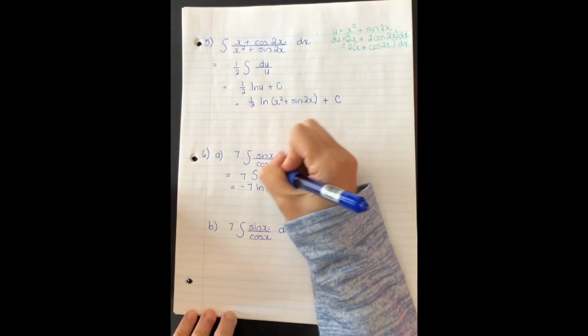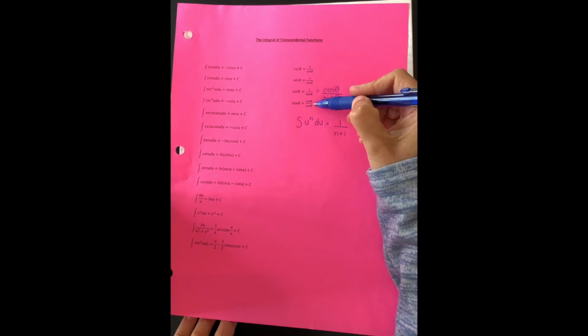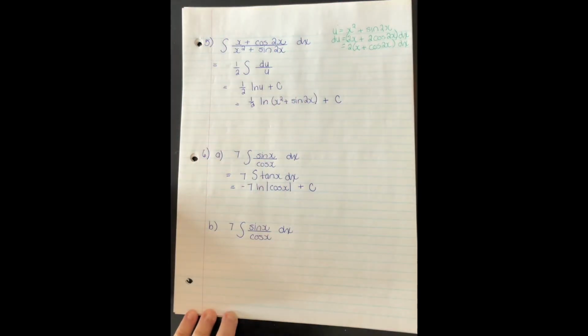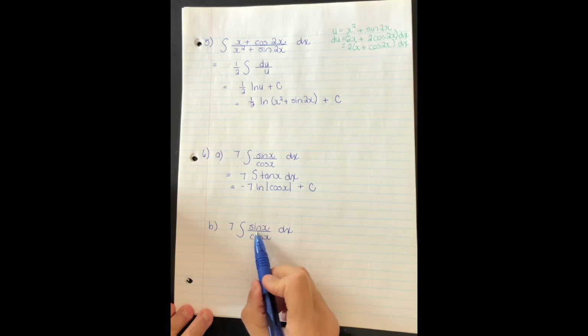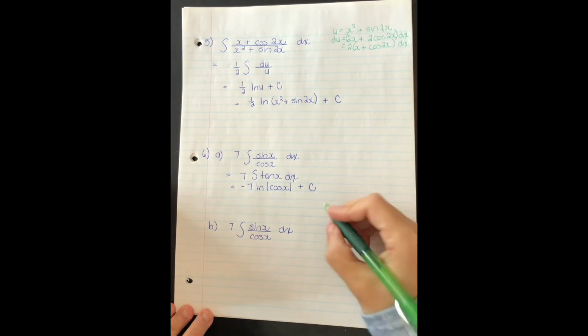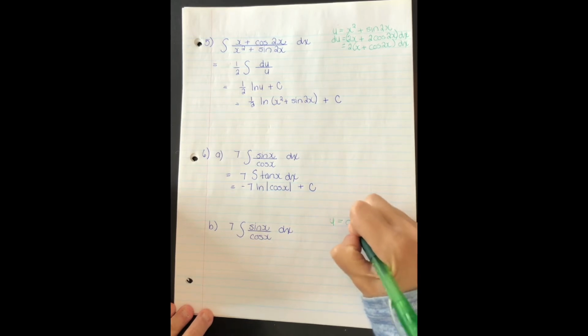Okay, so that's using the identity here, sine over cosine is equal to tangent. If we don't use an identity, we can solve this problem by making u equal to that denominator, cos x.